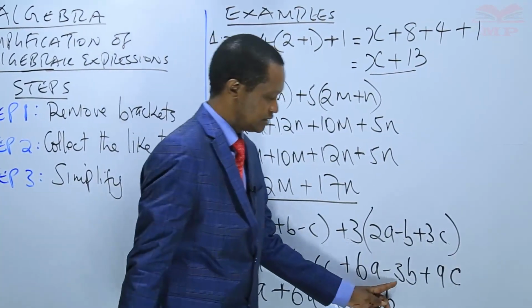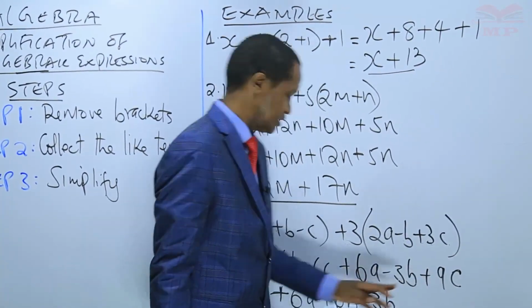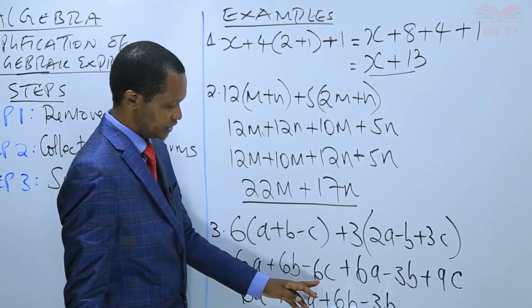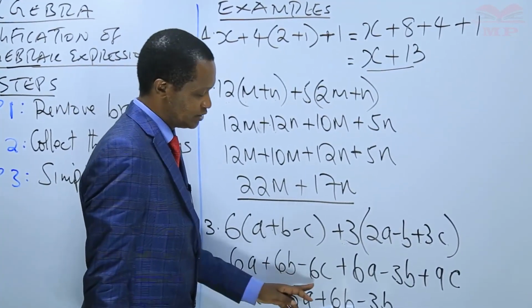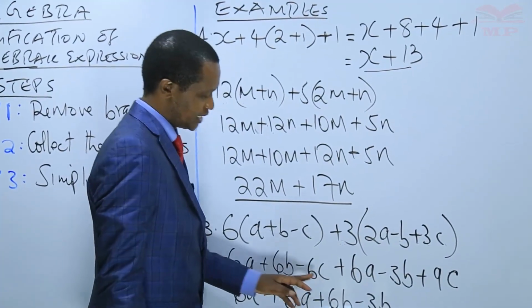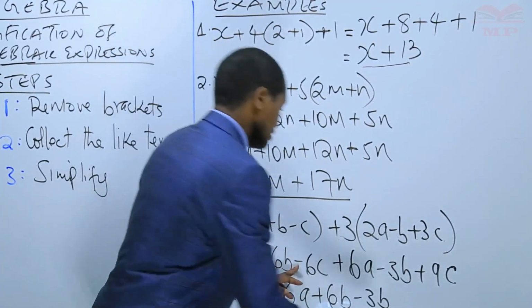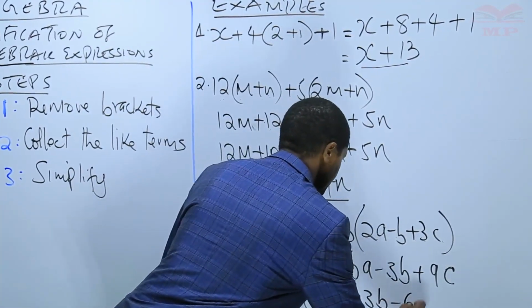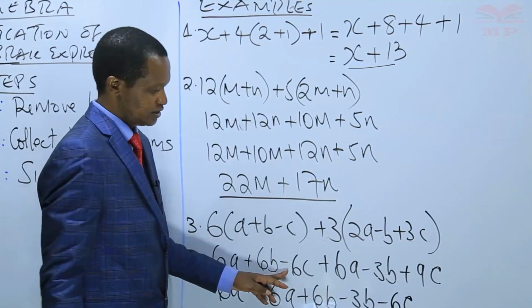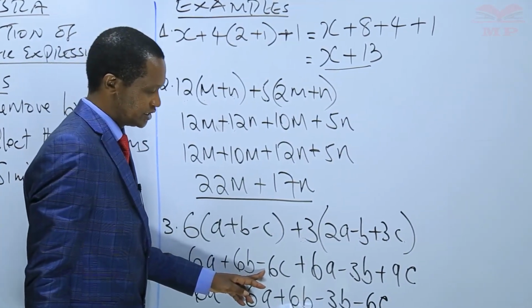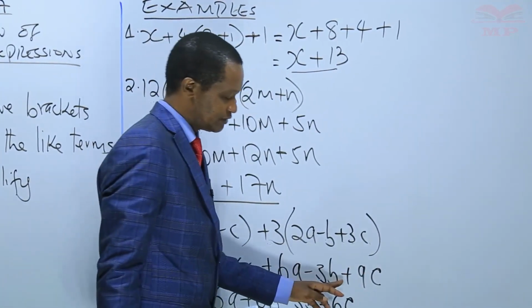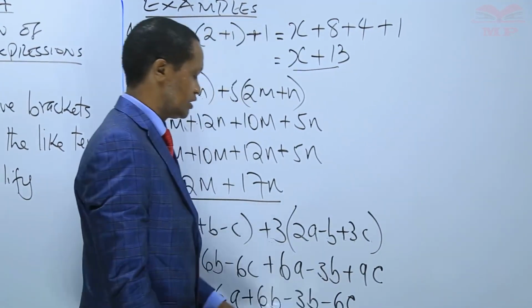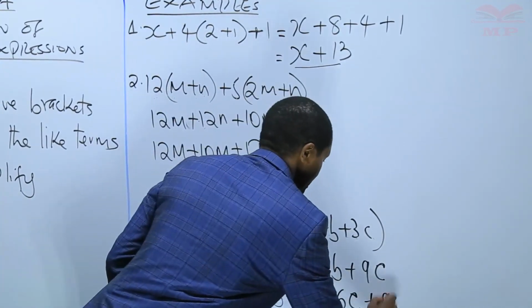There is no other term with letter B. So we move on to C. Which term has letter C? This one. And this term has a negative sign, so I write negative 6c. Any other term with letter C is this one, and it has a positive sign before it, so we write plus 9c.